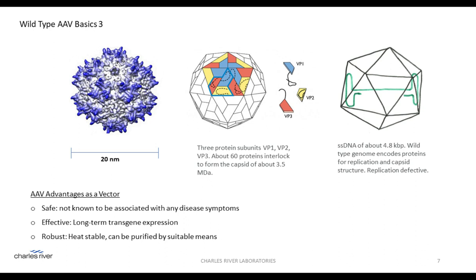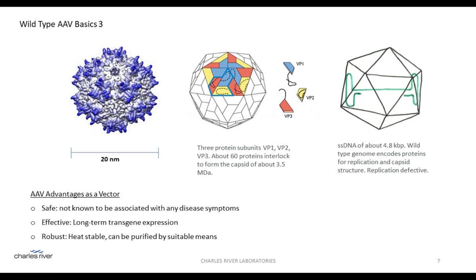The AAV capsids, in the wild type, contain a linear single-stranded DNA genome of about 4.8 kilobase pairs. And wild-type AAVs are replication defective, as mentioned. In other words, they are dependent in the wild type on co-infection with a suitable helper virus, such as adenovirus, in order to complete their native replication cycle.